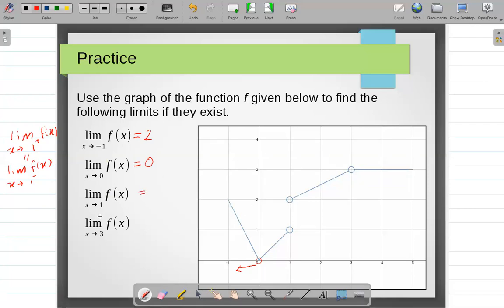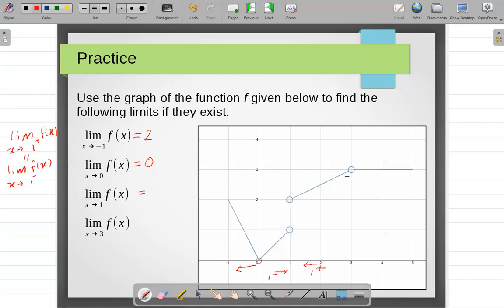Similarly, for this one, it is slightly different, because when x approaches 1, that means we have to look at x approaching 1 from the right and from the left. It's different, because this is the graph.